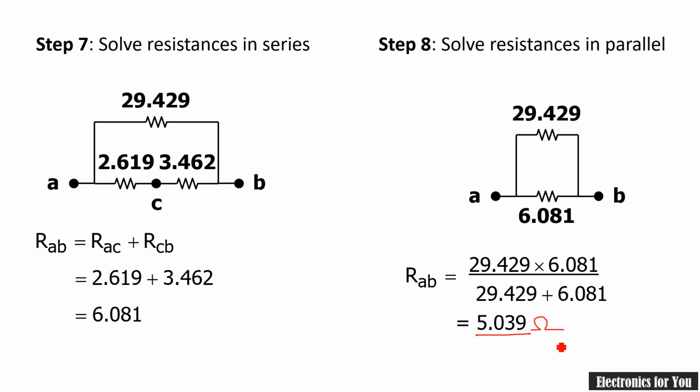Note that in this case also the equivalent resistance is found to be 5.039, and for the previous case also it was 5.039, because the equivalent resistance will always remain the same whatever method you are using. You can use series parallel resistances, you can use star delta transformation, but the overall equivalent resistance will always remain the same. And in this case also we got the same answer, which means we got the correct one.